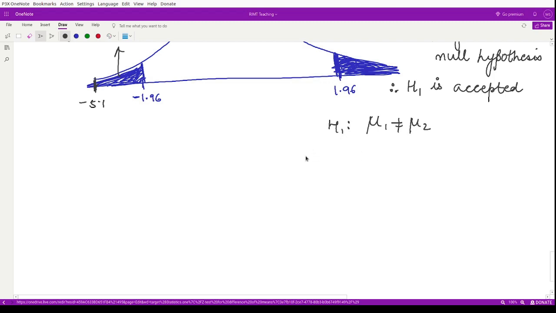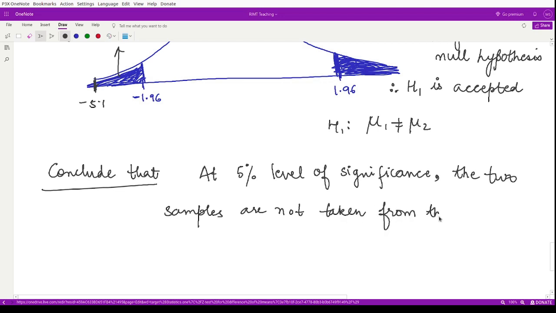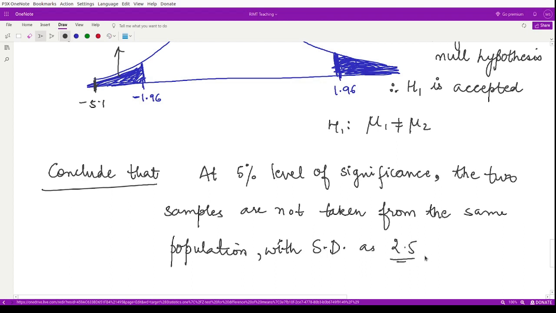Therefore we may conclude that at 5% level of significance, the two samples are not taken from the same population which has standard deviation as 2.5, which we have utilized here. So this is the result and the conclusion made by statistics.